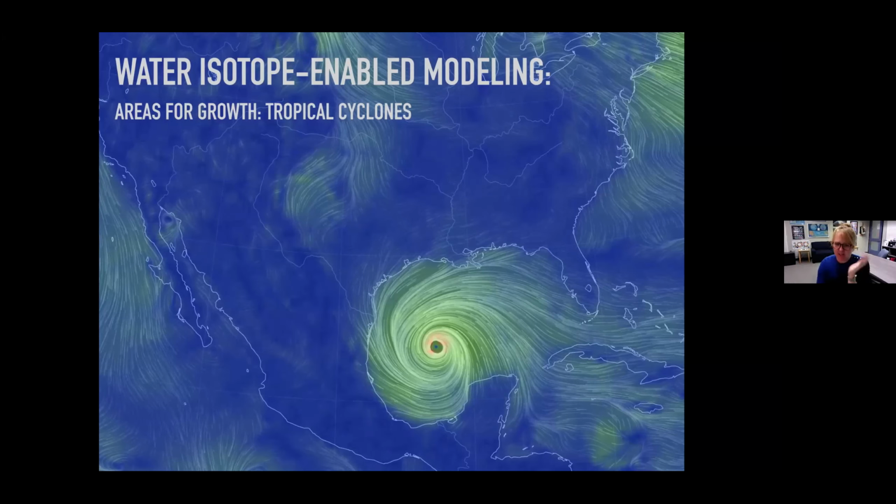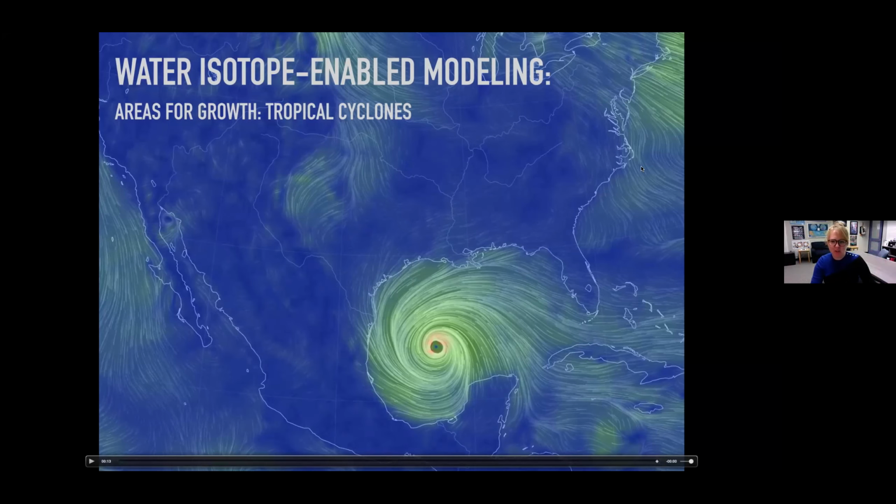This is Hurricane Delta, which just narrowly missed us last year. I see that the community is moving towards isotope-enabled modeling of these big tropical cyclone events, but we don't have the observations. We really need to critically fill the observational gap in order to move this forward.